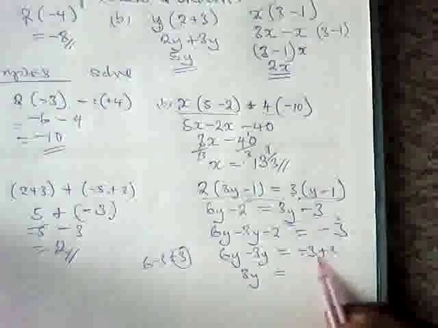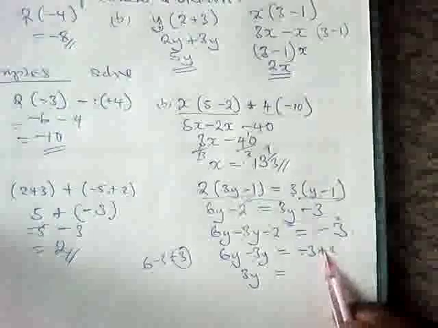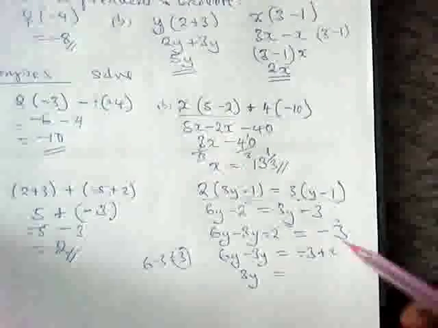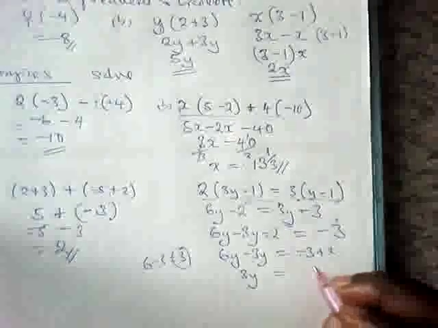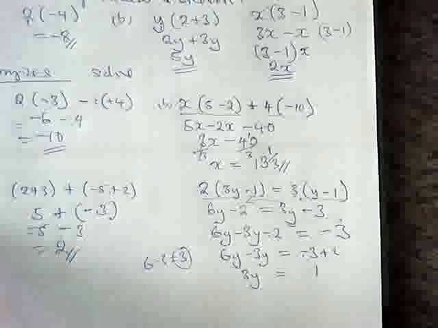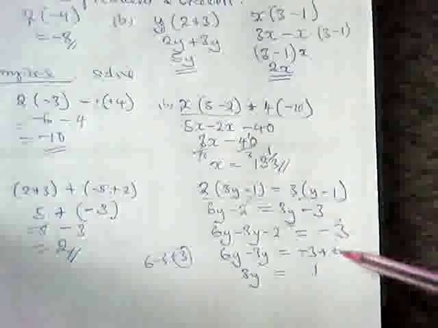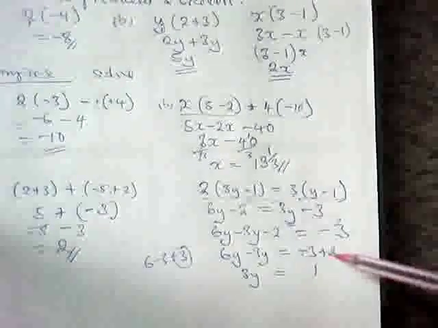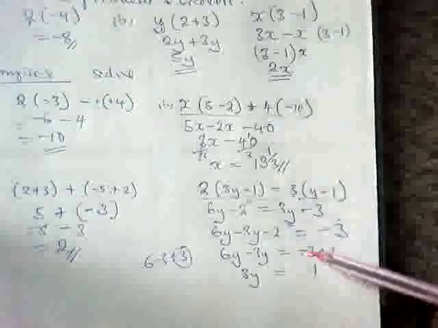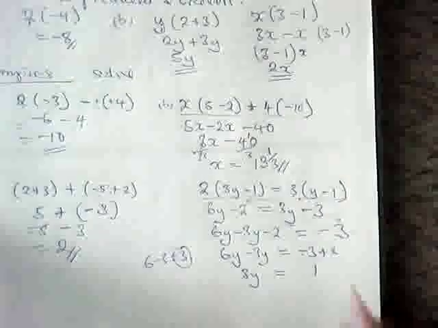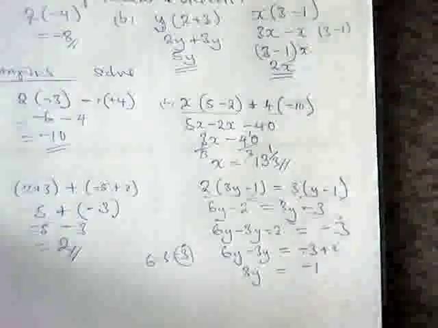So adding numbers of different signs, negative and positive, what do you do? You just subtract normally, like 3 minus 2, it will give you 1. The question is, the bigger number, what sign is it having? It's having negative. The numerically bigger number is having negative, so it will be negative 1.